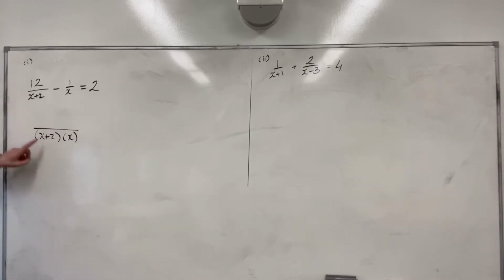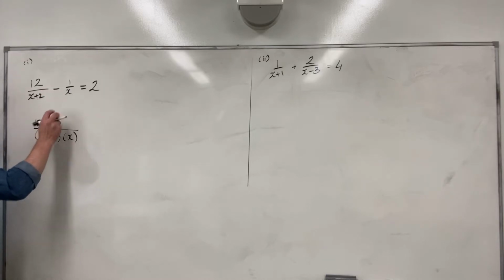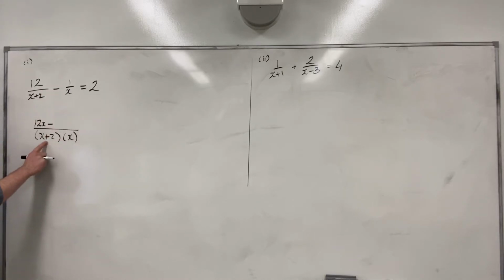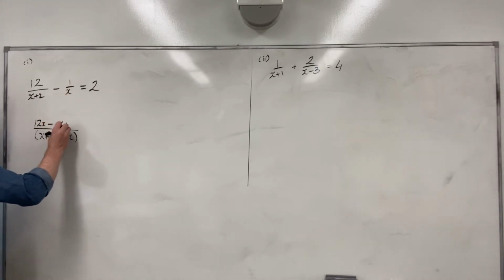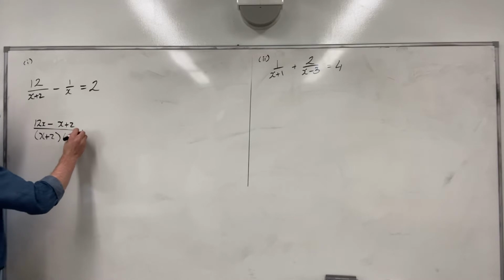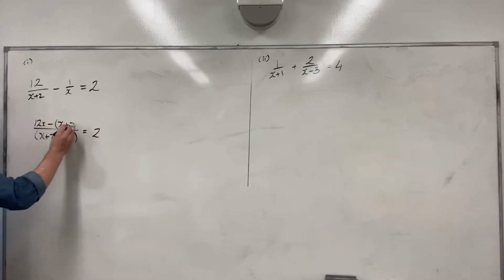X plus 2 goes into x plus 2 times x times 12 is 12x. I have a minus. X goes into x plus 2 times x plus 2 times. X plus 2 times 1 is simply x plus 2, is equal to 2. Now I should be careful, parentheses around this.